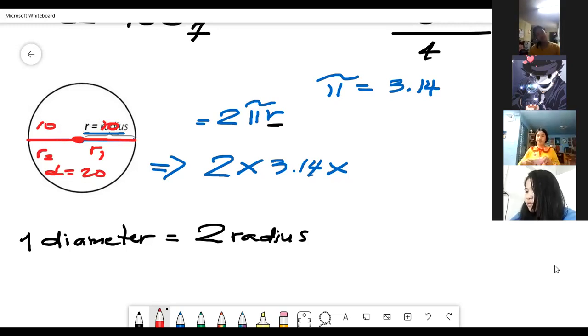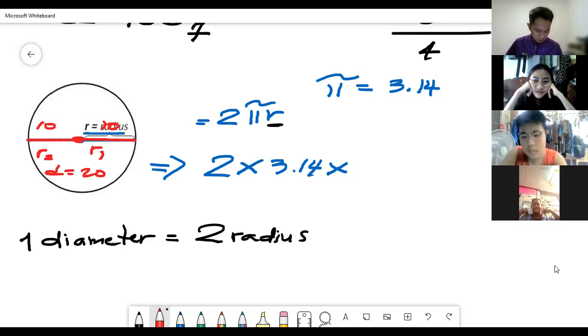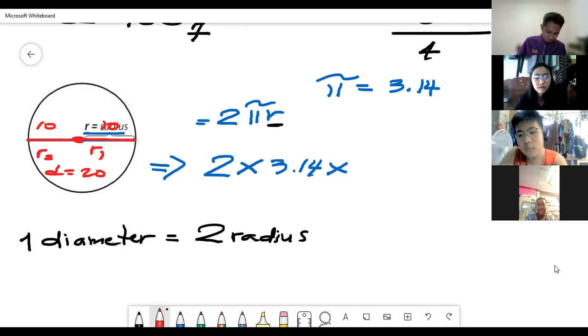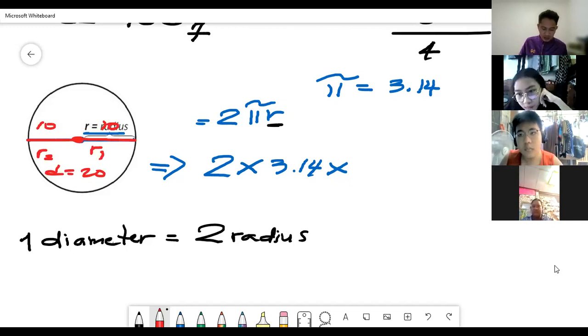Any questions, everyone? No questions, let's proceed. So our radius in example number 2 is 10. The formula to find the circumference of a circle is 2 pi r. Look at the copy: the diameter of the circle is twice the radius.